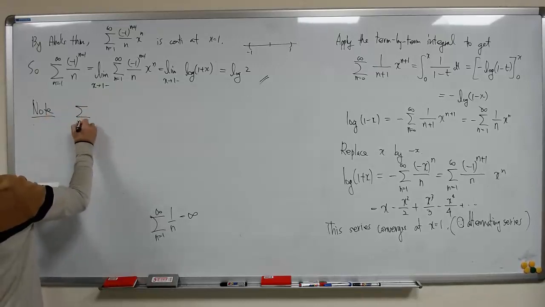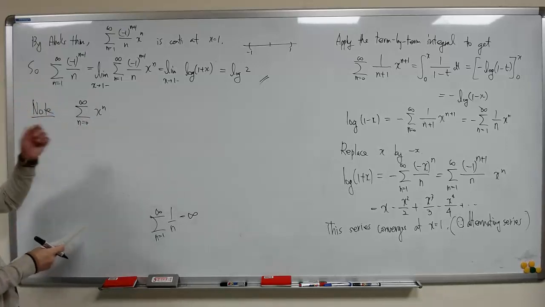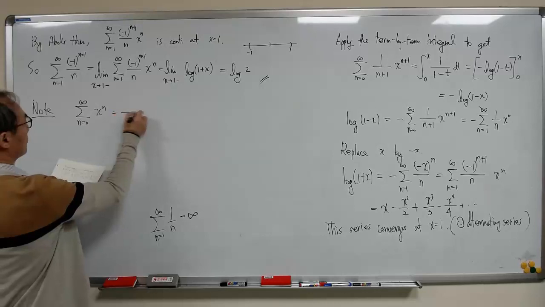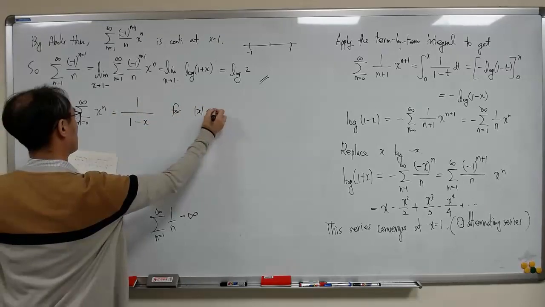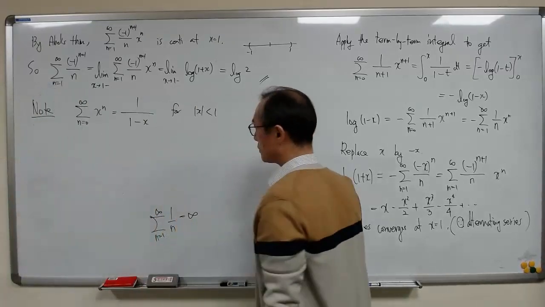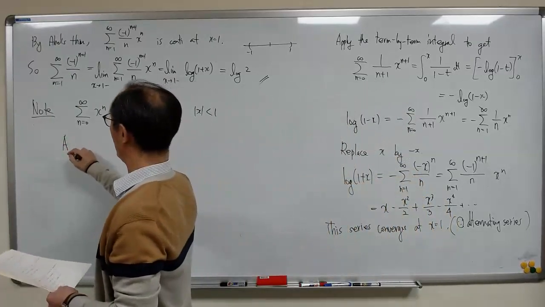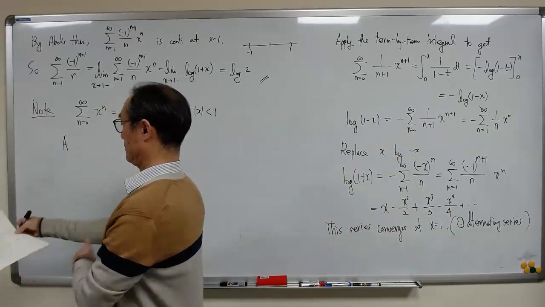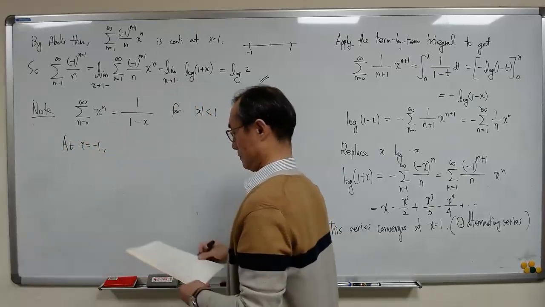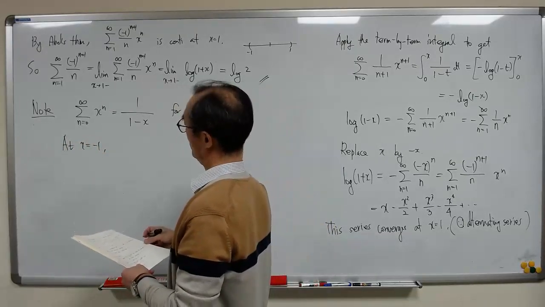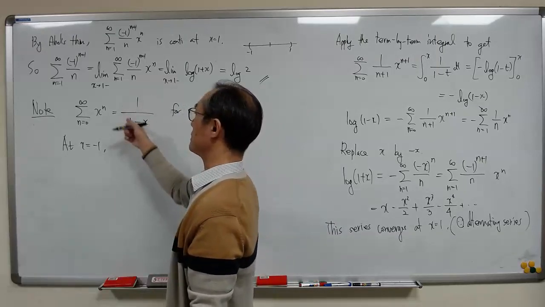Let's consider the geometric series itself. The geometric series, summation x to the nth power, is obtained by 1 over 1 minus x, with the radius of convergence 1. If x is 1, then this series diverges.